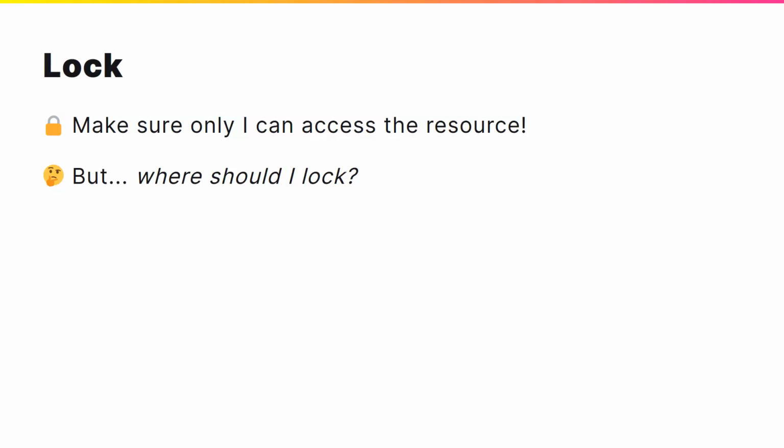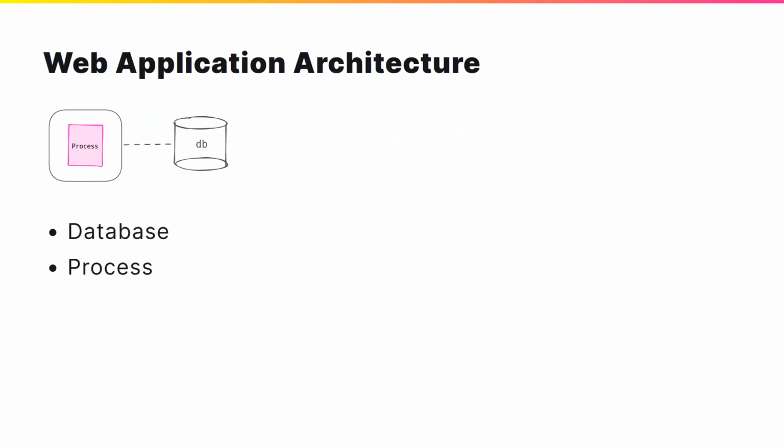So when we reach the conclusion that we need to lock something, the next question would be, what should I actually lock? Okay, so to answer this question, we need to understand what an actual web application architecture looks like. At the most basic level, at least from the app that we just created, we have a database and we have a process.